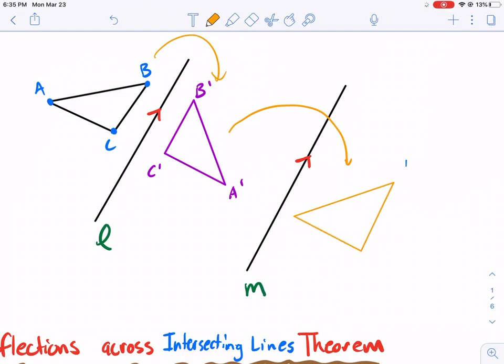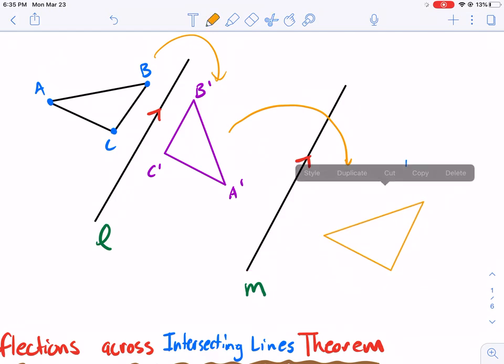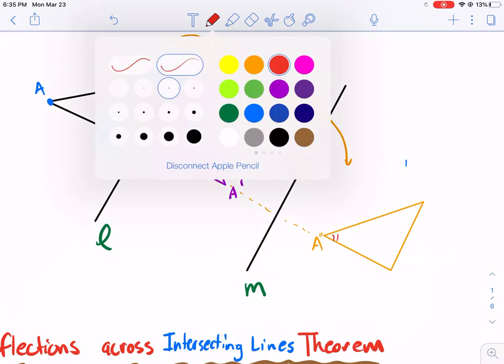Remember, the angles have to be in relation to each other. The distance needs to be preserved. The distance from A prime to, let's call this A double prime, needs to stay the same. These angles need to be the same. Okay, so now, how does this image, let me label it.